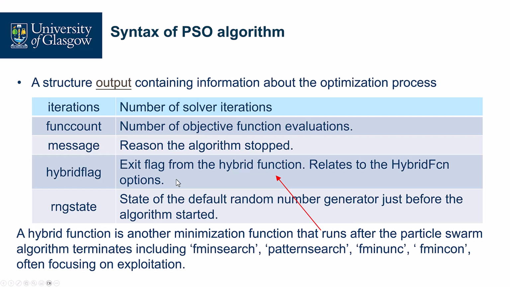So what are these? Hybrid function means that PSO, we know that this is a global optimization function in the Global Optimization Toolbox. Sometimes after a global optimization technique, we may want to further improve it locally. So we can do a local optimization using the optimal result of PSO. For example, we can use fminsearch, patternsearch, fminunc, fmincon.